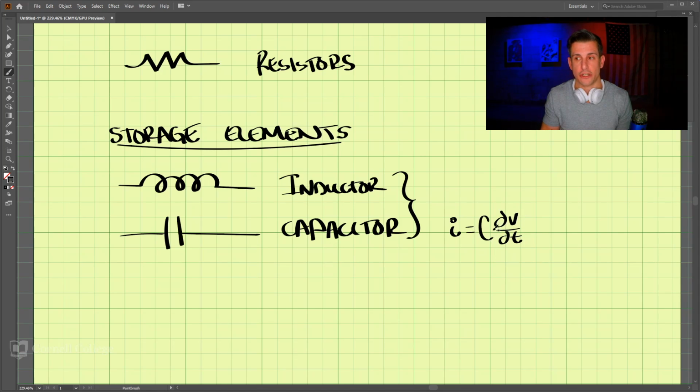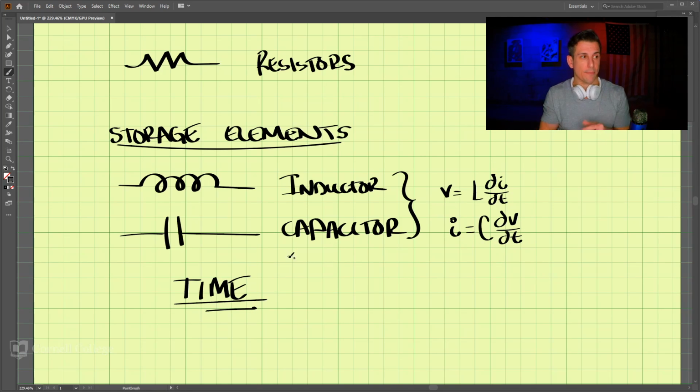We have this relationship. And then through an inductor, the voltage is equal to L di/dt. So what these have in common is time. They factor in time. They change with time.